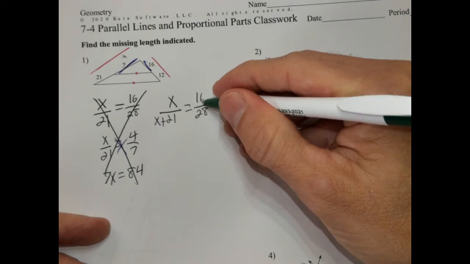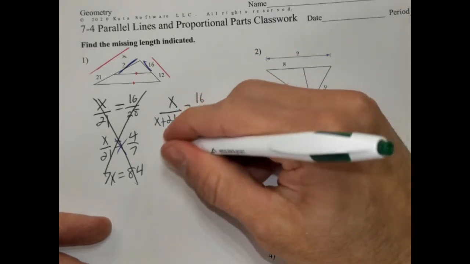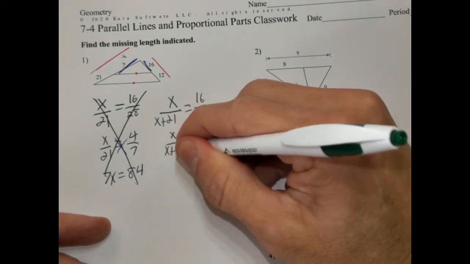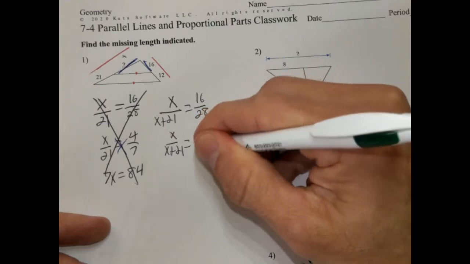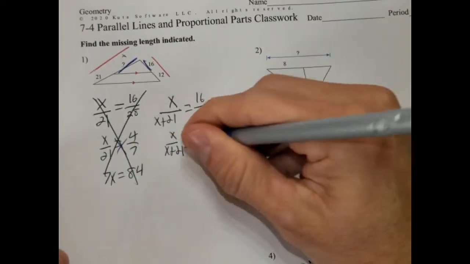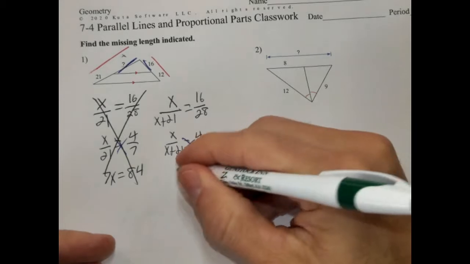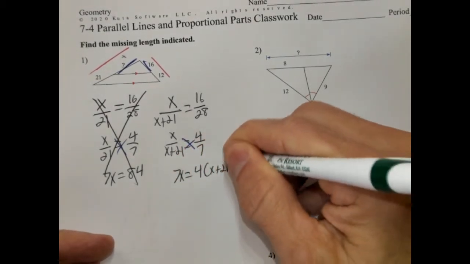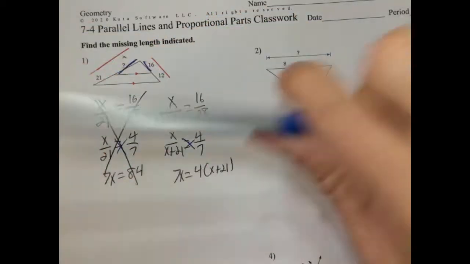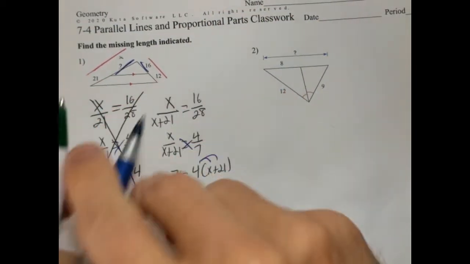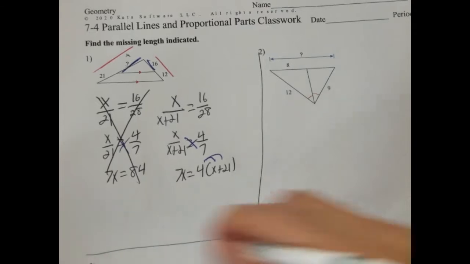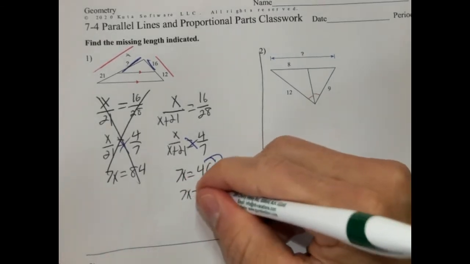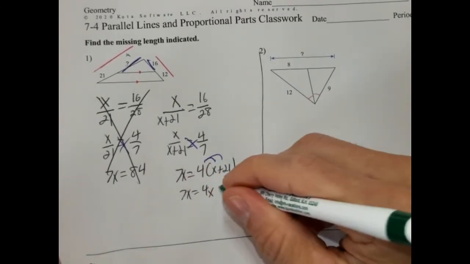I still am going to simplify that by dividing those both by 4, though. So x over x plus 21 equals 4 over 7. Now we cross multiply. I knew I was going too quickly there. 7x equals 4 times x plus 21. We're going to distribute that 4. That's going to give us 7x equals 4x plus 84.